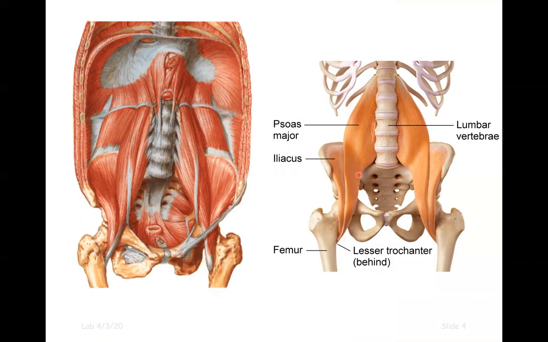And then the psoas major has its origin along the lumbar vertebrae and its insertion at that inferior border of the lesser trochanter, but it's traveling more medially to get there. So this one's psoas major, more medial, iliacus, slightly more lateral down to their insertion at the lesser trochanter. Both of these are responsible for flexing the hip.